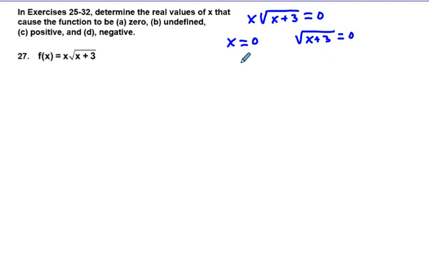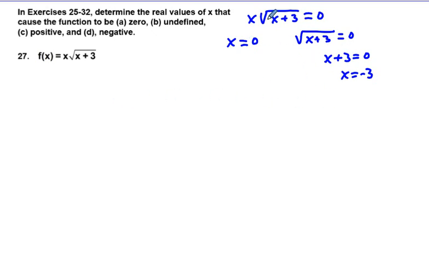And of course x equals 0 is a critical number, and then we have the square root of x plus 3 equals 0, so therefore x plus 3 is equal to 0, so x is equal to negative 3. So those are our two critical numbers.